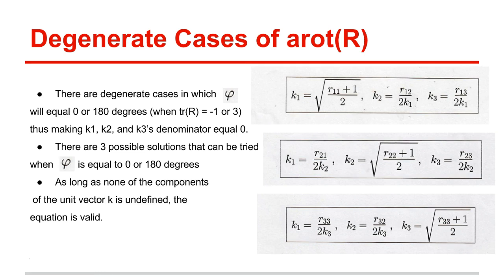Because let's say the unit R11 of the rotation matrix is, let's say, -3. So that means you have -2. So there's a negative number in the square root, and that doesn't work either. So you need to pick any one of these cases, just one, that won't have an imaginary number.